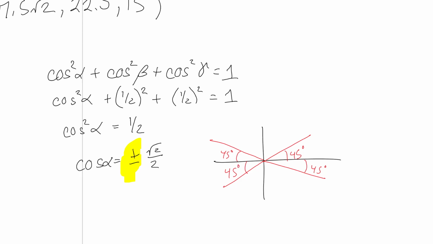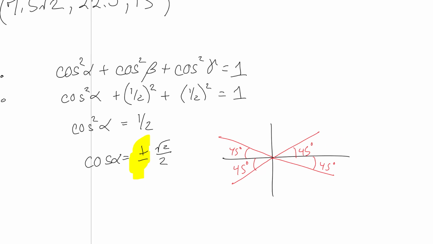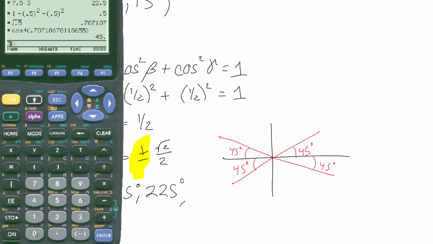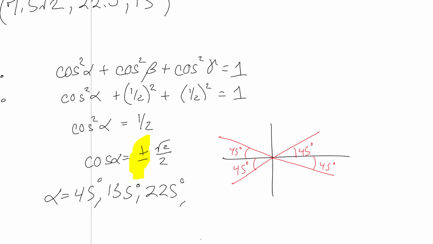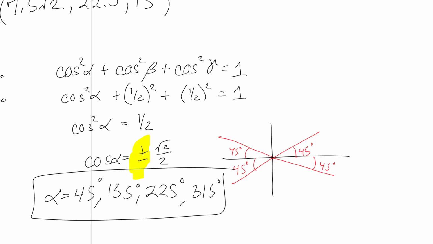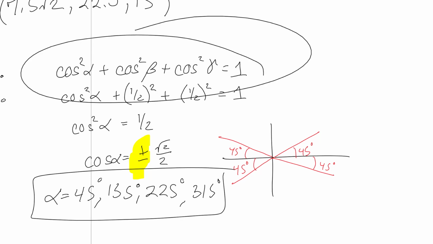And what makes this problem difficult is that my answer for alpha can either be 45, or 180 minus 45, which is 135, or 180 plus 45, so that's 225, or 360 minus 45, or 315. Any of those could be correct for alpha based on this equation here.